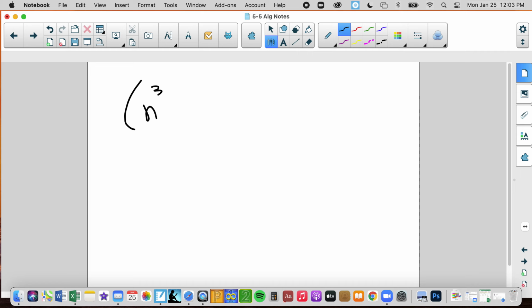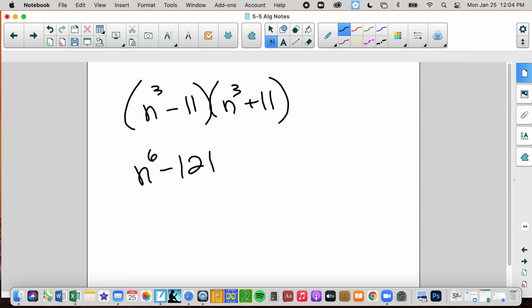Good. All right. The last thing that we need to discuss is what if we multiply a variable with an exponent. So what if I have n cubed minus 11, and n cubed plus 11? Those are conjugates, so I'm going to square my first. That becomes n to the 6th minus 121.